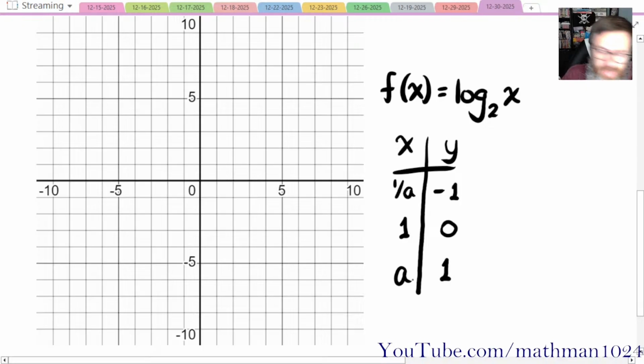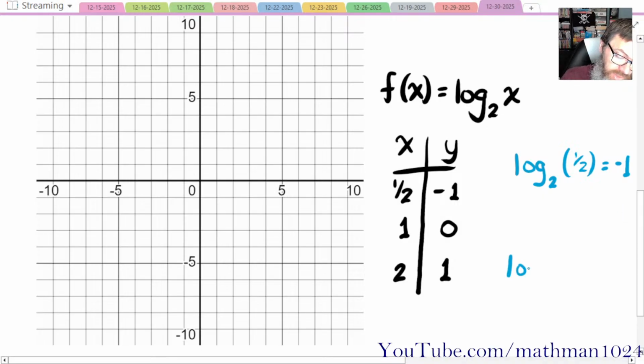For us, the base is 2, so 1/2 and 2. Think about what that looks like if we write that out as an expression. If I have log base 2 of 1/2, what power of 2 gives you 1/2? Well, that's a power of 1, but what makes it in the denominator? That's going to be a negative.